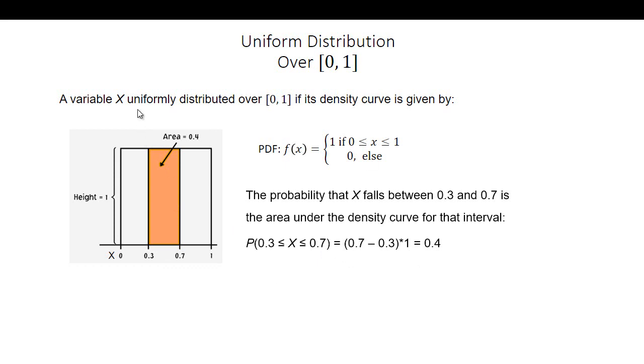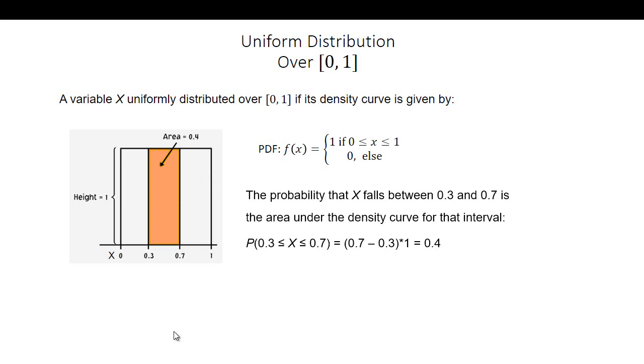Now, when you have a uniformly distributed variable, the probability, for example here, that x is bigger than 1 would be 0, because when x is bigger than 1, the value of the PDF is 0.